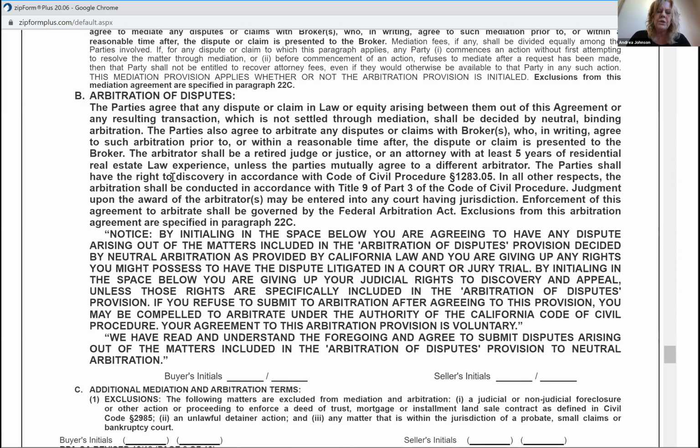The arbitrator shall be a retired judge or justice or an attorney with at least 5 years of residential real estate law experience, unless the parties mutually agree to a different arbitrator. So it's setting standards here, not just some person who just passed the bar, for instance.